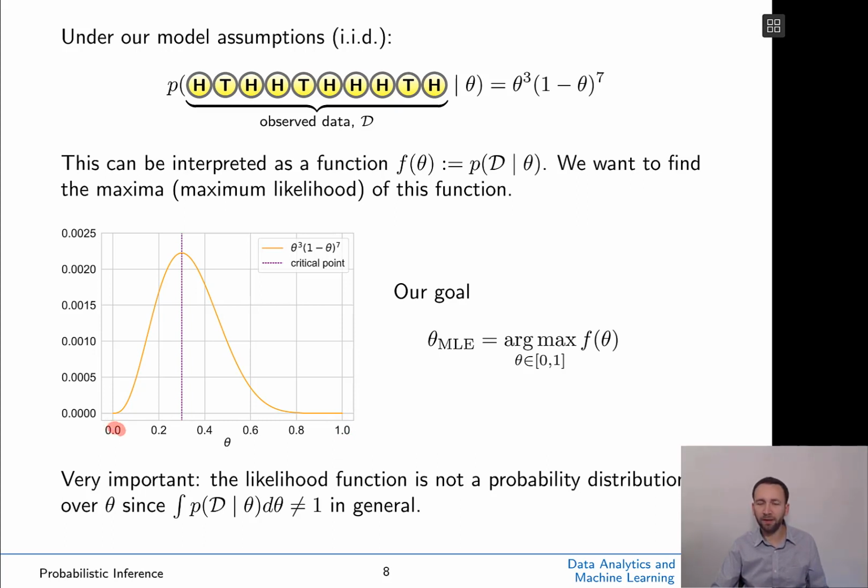Similarly, if we have a coin which always shows head, this sequence also has a likelihood of 0. It cannot occur. But also, for example, if we have a coin which shows tail 60% of the time, a slight tendency for tails, it is still a very low likelihood for the sequence.